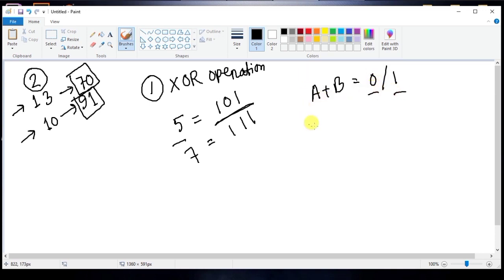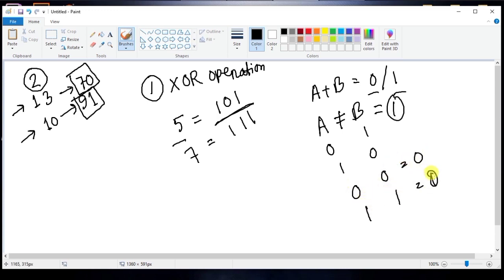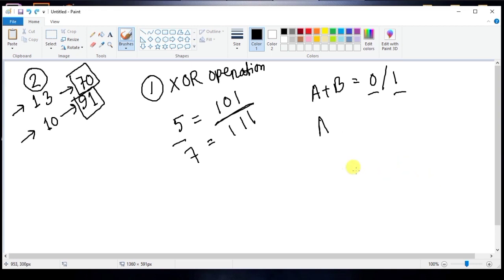If a and b are not equal, I mean if a equals 0 and b equals 1, or a equals 1 and b equals 0, only then the output will be 1. If they're the same, like a 0 and b 0, then the output will be 0. If a 1 and b 1, then the output will be 0 as well. This is how the binary XOR operation goes.